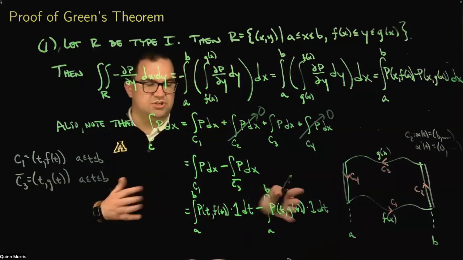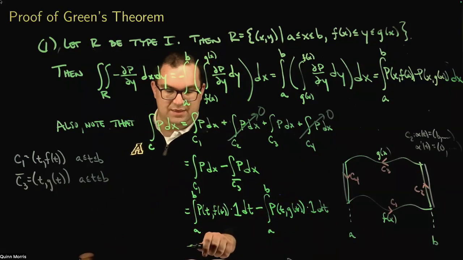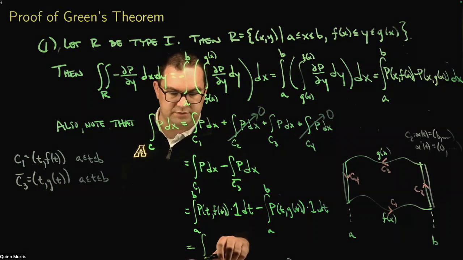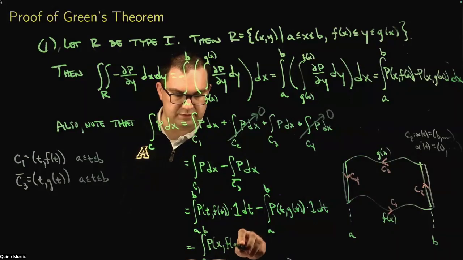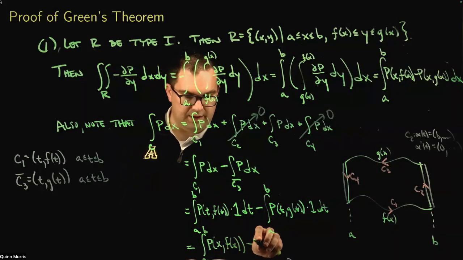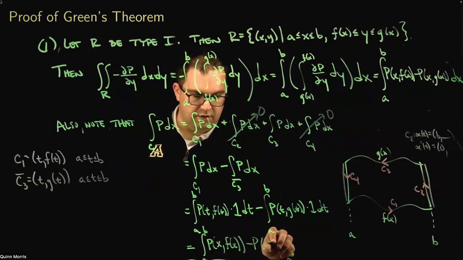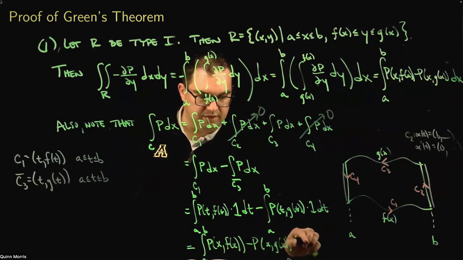Now notice here, t is just a dummy variable, so I could change it to anything, and I could collapse these integrals, and I would get the integral from a to b of p of x comma f of x minus p of x comma g of x dx.